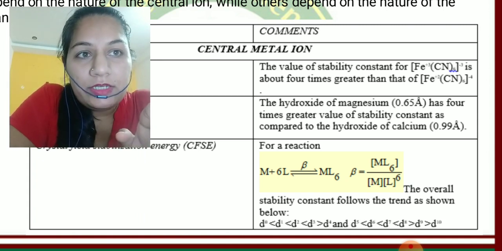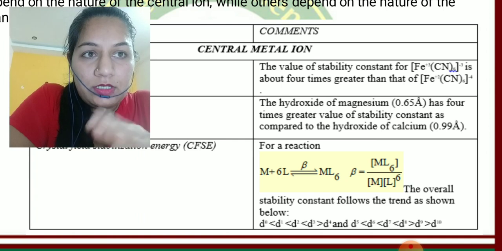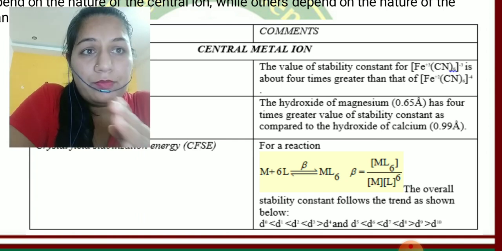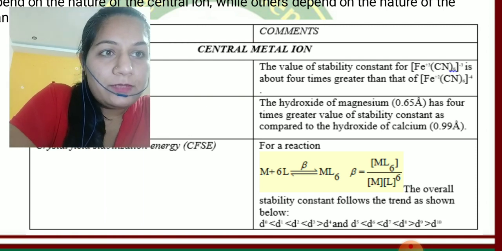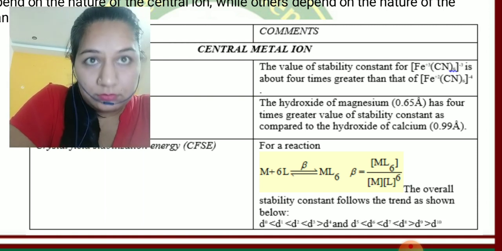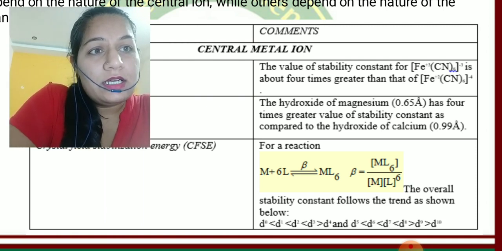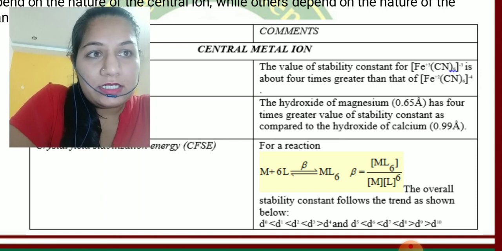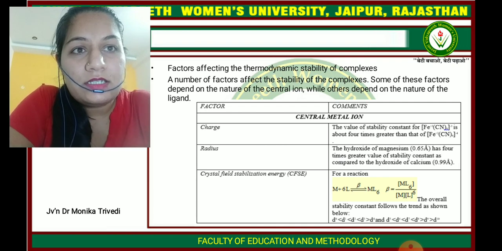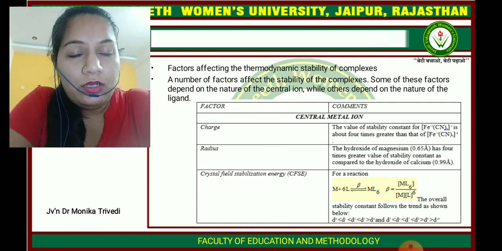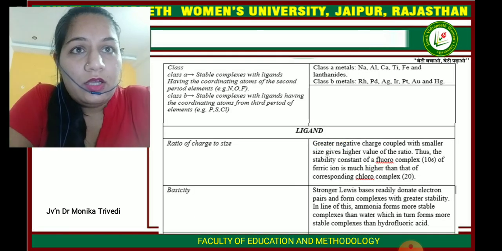Then the stability of d3 is greater compared to d4, and then the stability from d5 to d7 increases, and then it decreases from d9 to d10. So this is the crystal field stabilization energy for any metal ion.